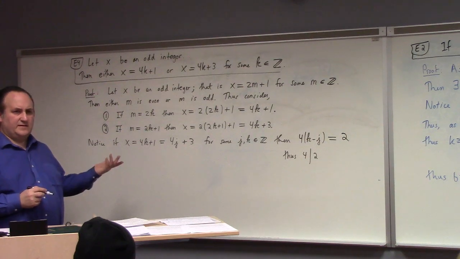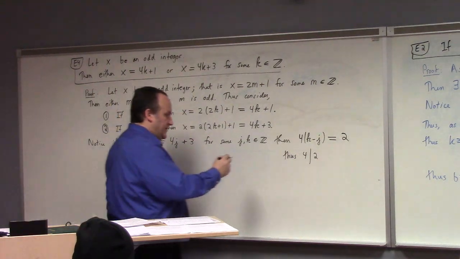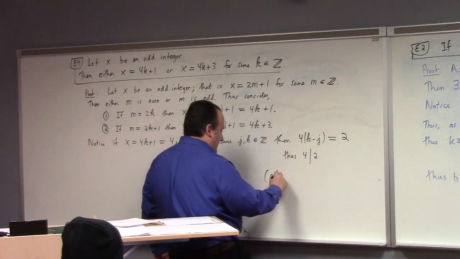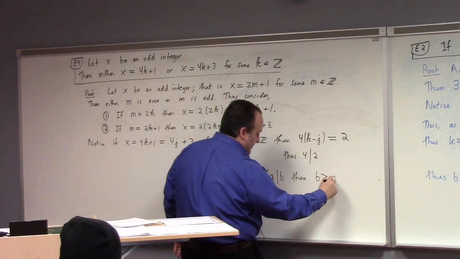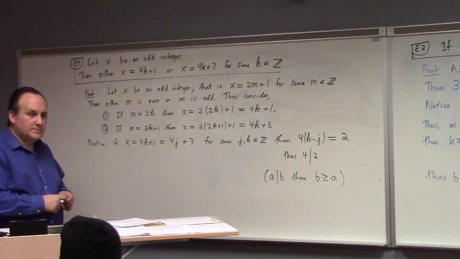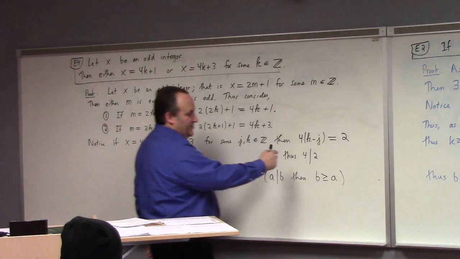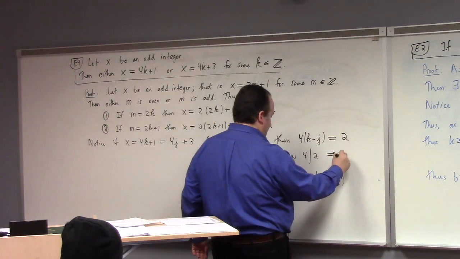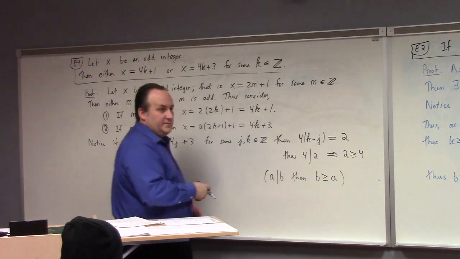But what did we prove earlier today? Do you guys remember? If A divides B, then B is greater than or equal to A. Do you remember that? So this would imply what? 2 is greater than or equal to 4 by the previous result?